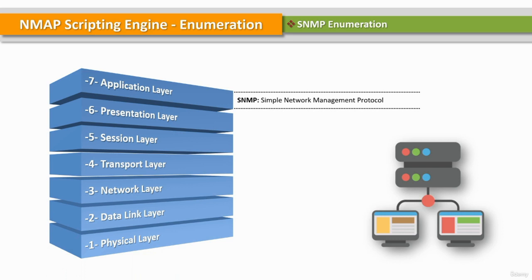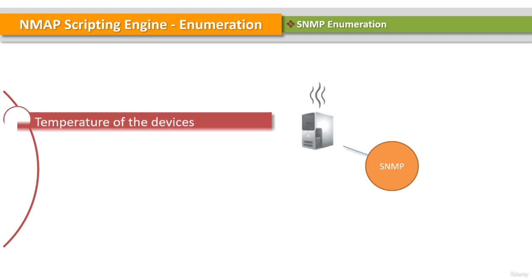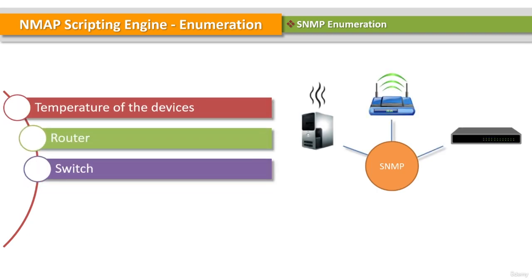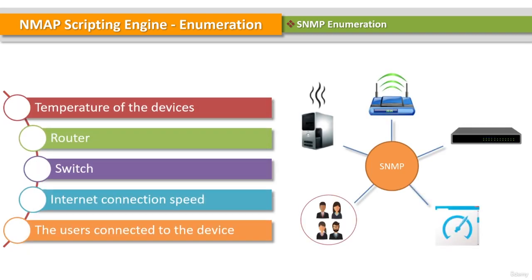By using SNMP, basic information such as the temperature of the devices on the network, such as the router, the switch, the access server, the bridge, and even the computer, and the users connected to the device, the internet connection speed, device operating time, all of this info can be obtained.